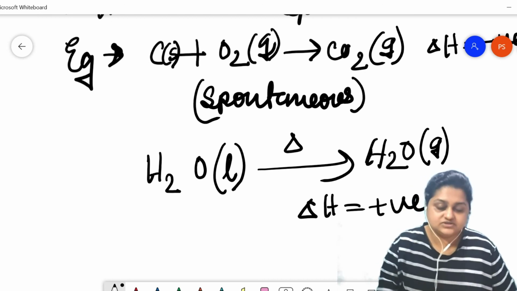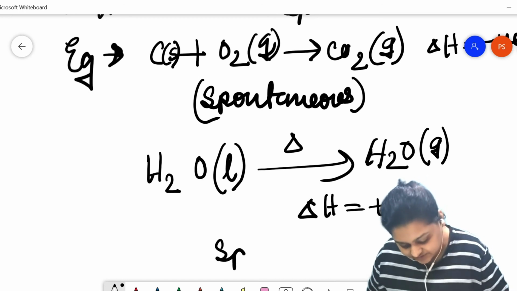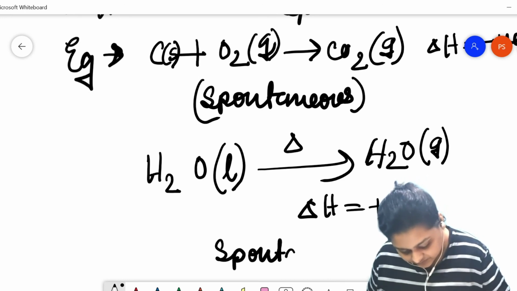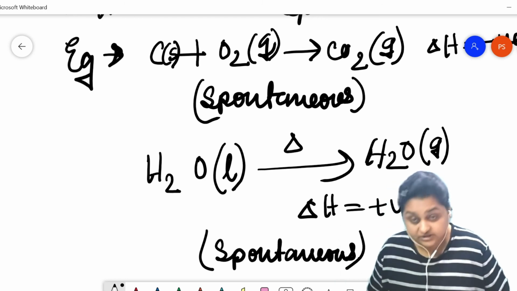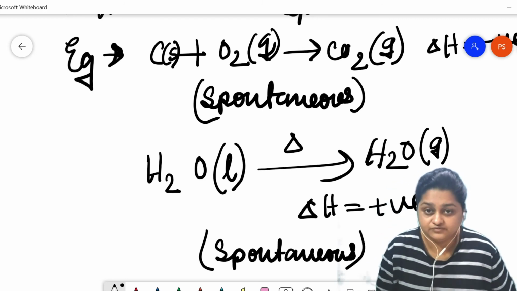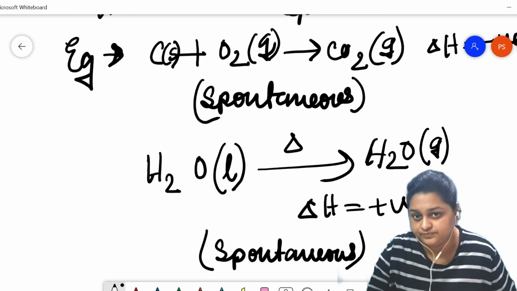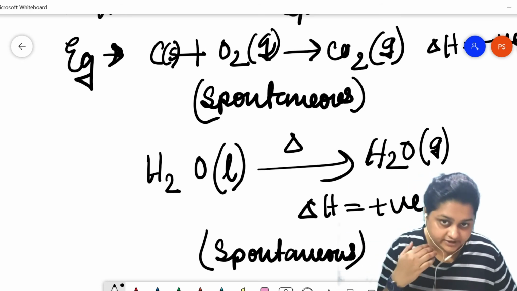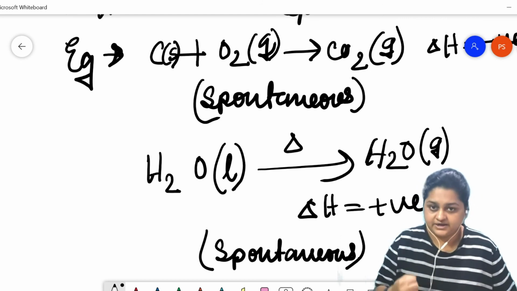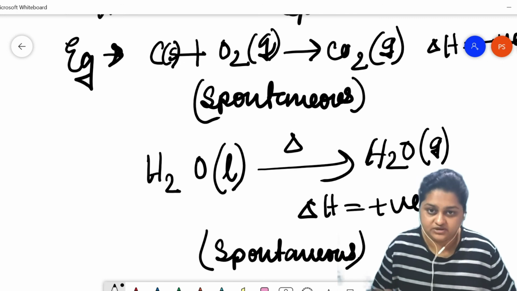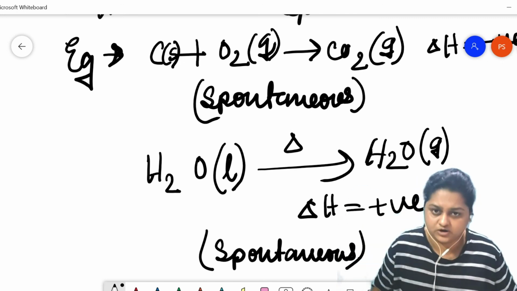So delta H is positive, but this process is still spontaneous. In hot weather, if you pour some water on the floor, after some time the water evaporates. This process occurs spontaneously by consuming energy from the atmosphere, and the liquid water becomes water vapor.